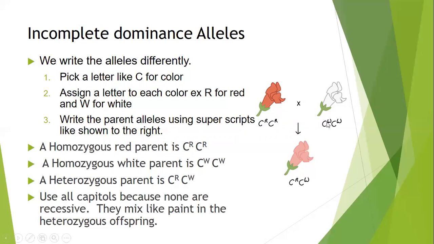If I am CW, I'm going to be white. But if I have one of each trait, in other words, if I'm heterozygous, I'm going to be CRCW, again all capital letters, and I'm going to be pink. Remember, art class, red plus white equals pink. Red is not dominant, white is not dominant. They are incompletely dominant, thus they produce a pink offspring.